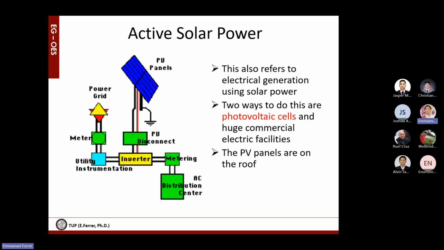Pero malaki yung effect sa bill kapag meron kang PV. Kaya lang yung footprint niya medyo malaki din. But again, maybe 'pag meron ka na sufficient yung generation, you can have ROI, as early as 3 years, no? On the average mga 3 to 5 years.